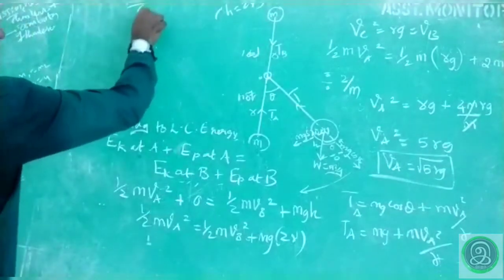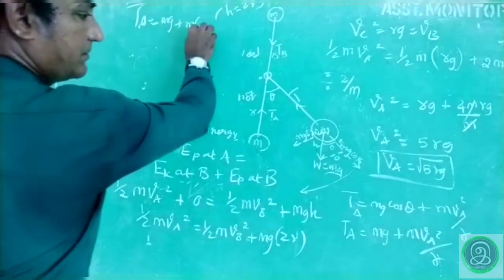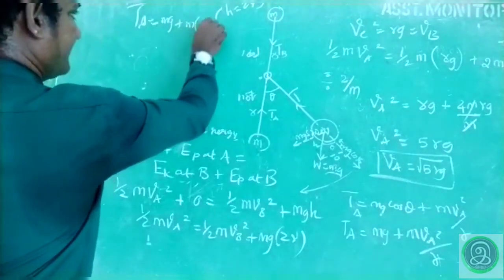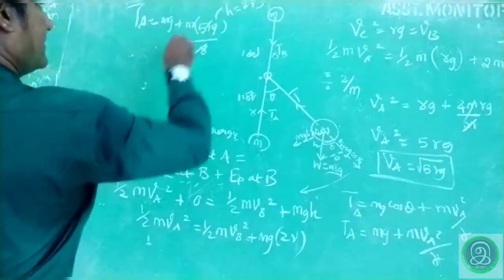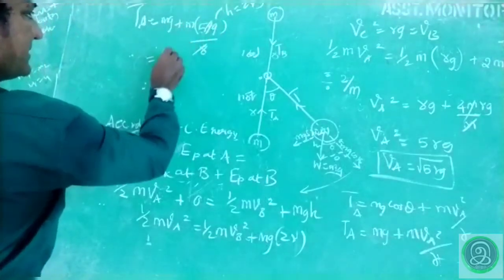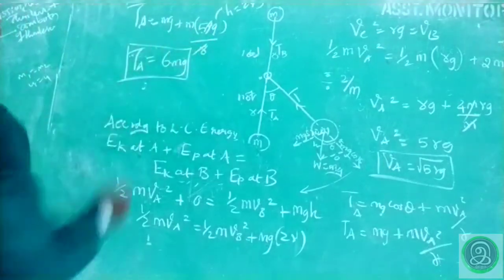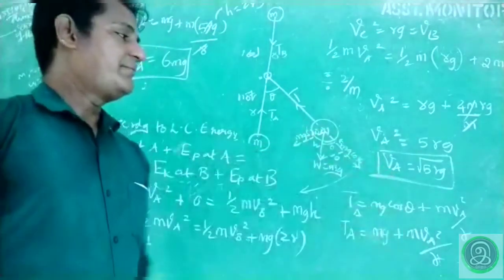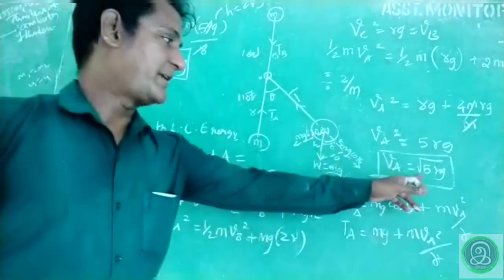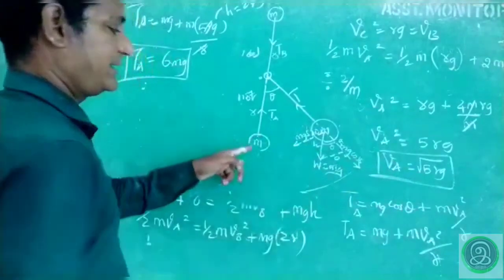So Ta is equal to mg plus m into VA squared, which is nothing but 5Rg by R. So R gets cancelled. 5mg plus mg, 6mg.